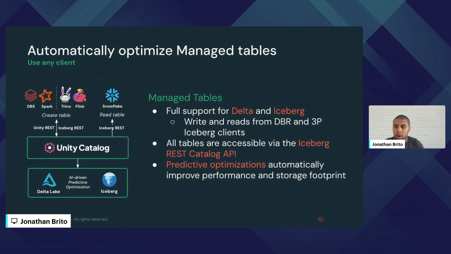What's really nice about all our managed tables is they benefit from a tool called predictive optimization, which looks at how you're using these tables to optimize them and run optimizations like file compaction, clustering, storage optimizations. So you get really fast performant tables out of the box without a lot of tuning, which for most folks isn't really their expertise or what they want to invest their resources in.